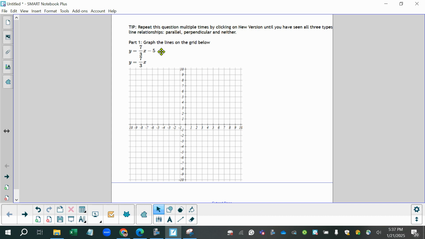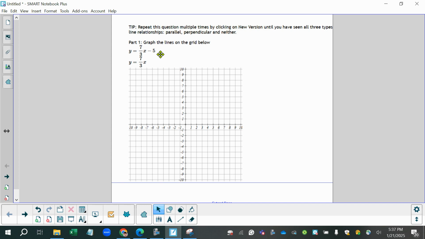So we would start from the y-intercept point and then use that slope from there up and over, or maybe down and backwards, to get to a second point. And once you have 2 points, you can connect them with a straight line.